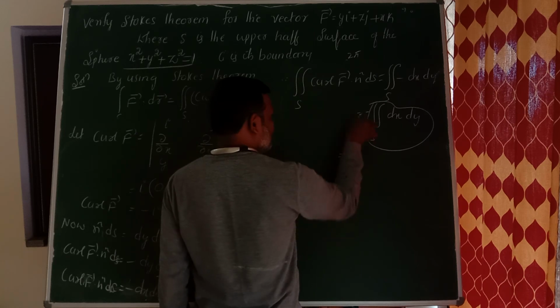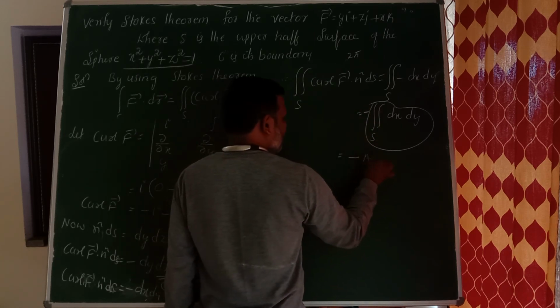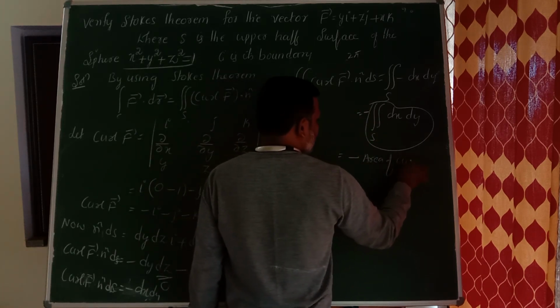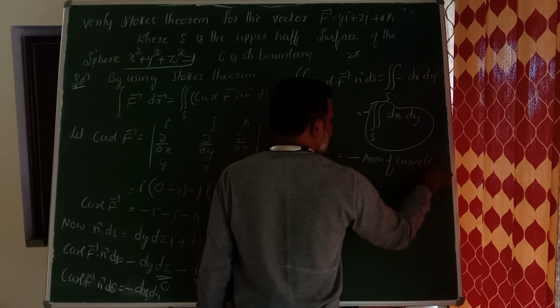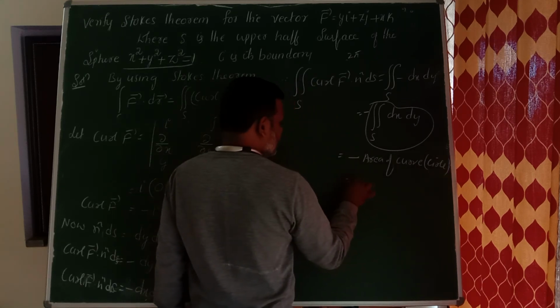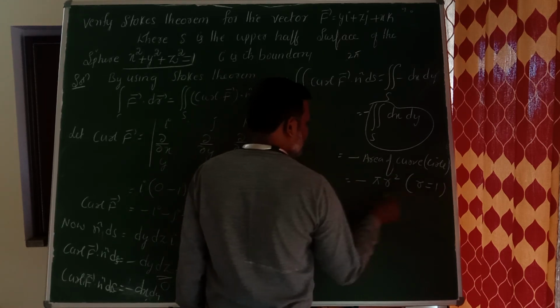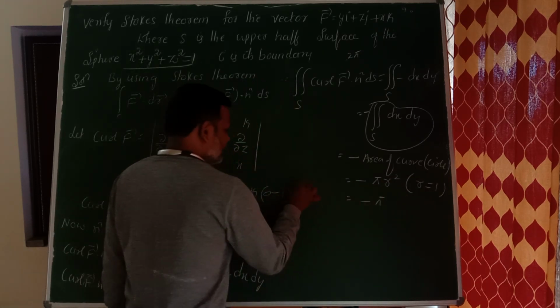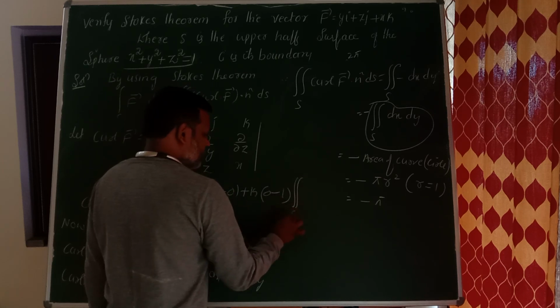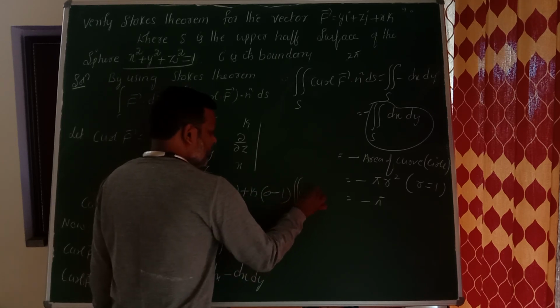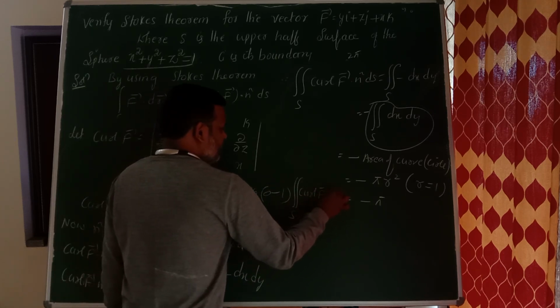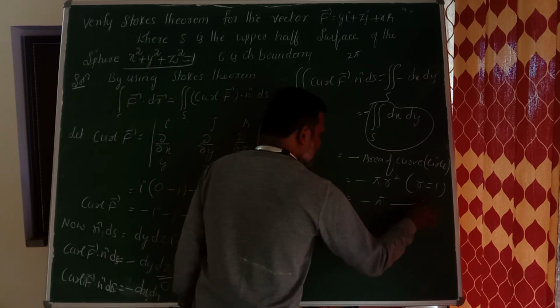That curve is what here? A circle. Therefore that is equal to minus the area of the circle, which is pi r square, but r is equal to 1. What happens here? Minus pi. This is the double integral over S of curl F dot n cap ds. That will be equation number 2.